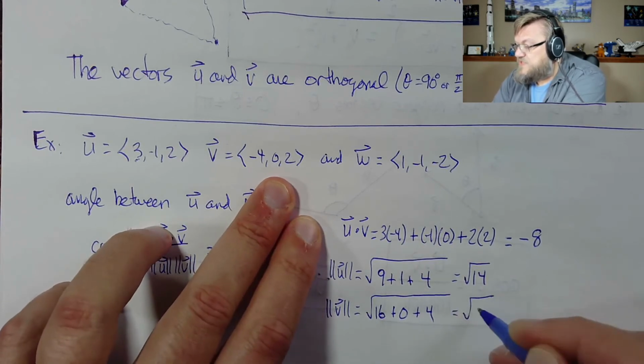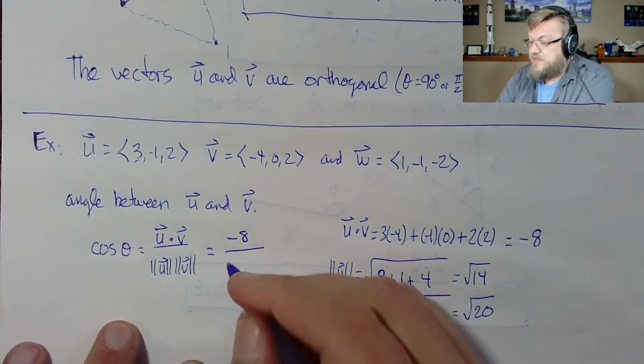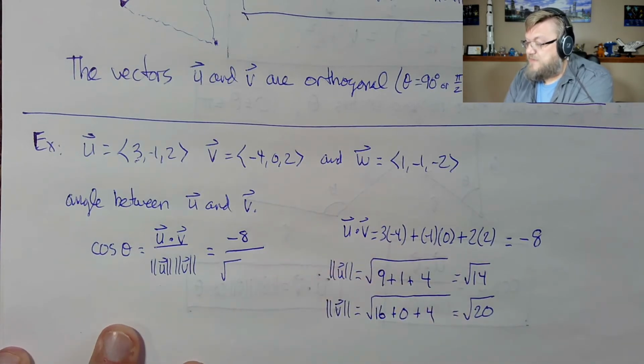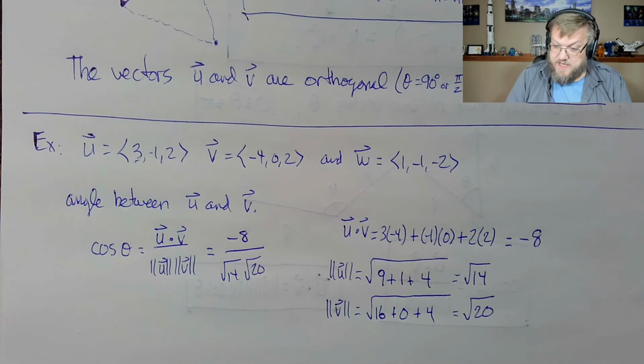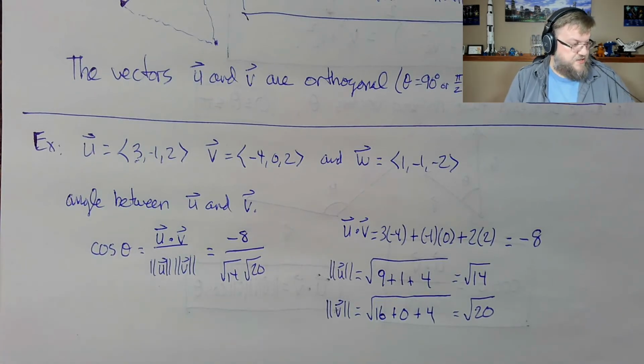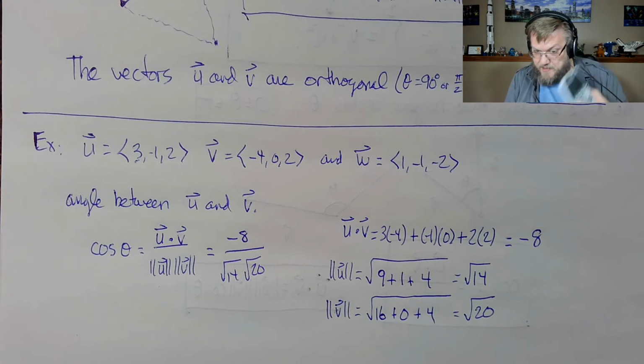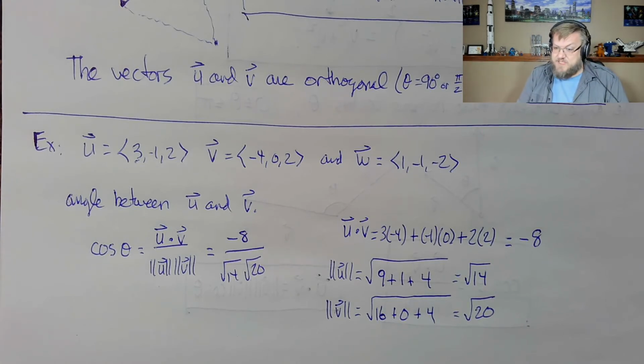So this is going to be the square root of 20. And so I get this, negative 8 divided by the square root of 14 times the square root of 20. That is definitely not a special angle that I just know off the top of my head. So obviously it's calculator time to get some sense of what's going on here.